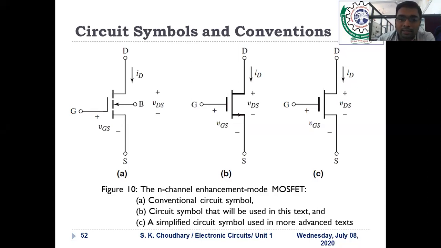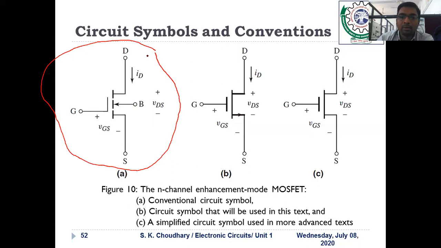These are the three symbols I have shown in the slide. The first one is the conventional circuit symbol, and we will use only this symbol in our further chapters, and also in the exam, where we have to draw only this symbol in the electronic circuits subject. So what is the detailing of this particular symbol?